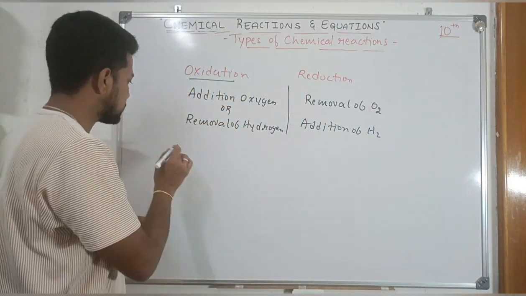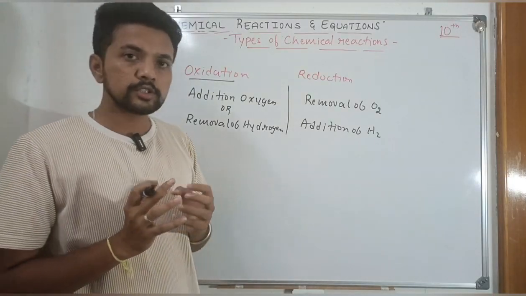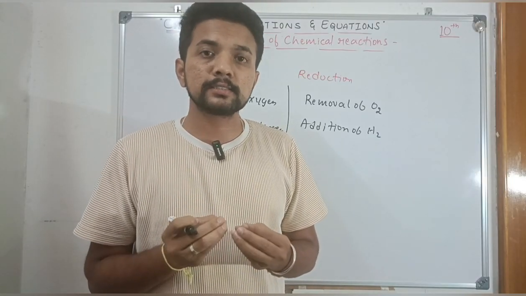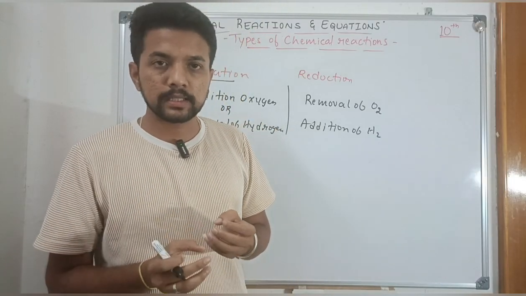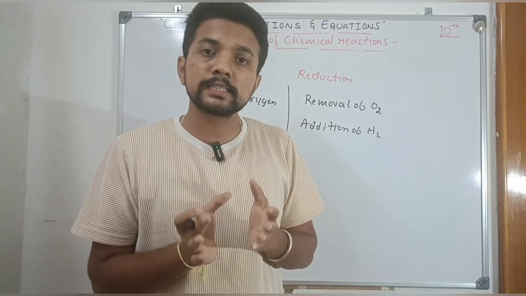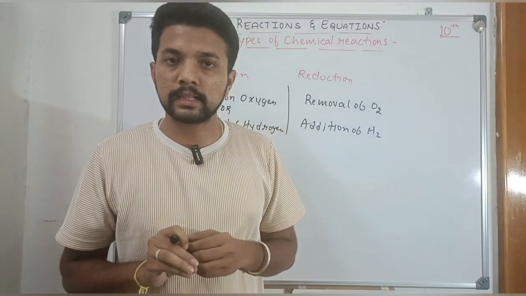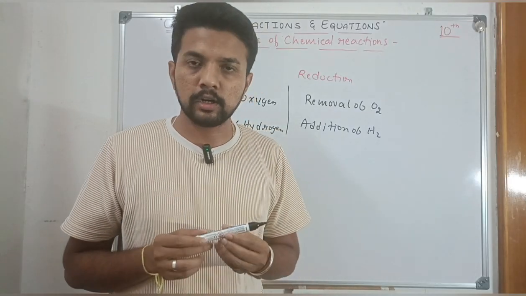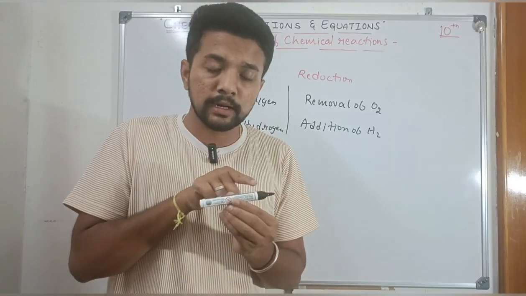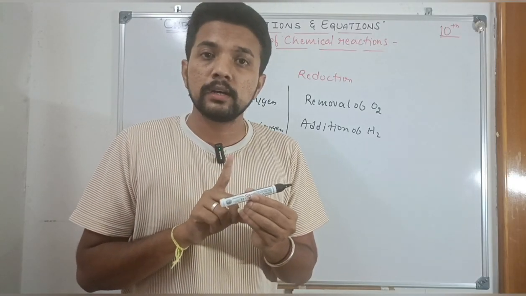So the first example for this oxidation reaction is when copper metal or copper powder reacts with oxygen. When the copper powder is burned in the presence of oxygen, there is a formation of a black colored coating on the surface of the copper metal. For example, if this is a copper ornament, when we heat it, a black colored coating forms on the surface of this copper ornament.